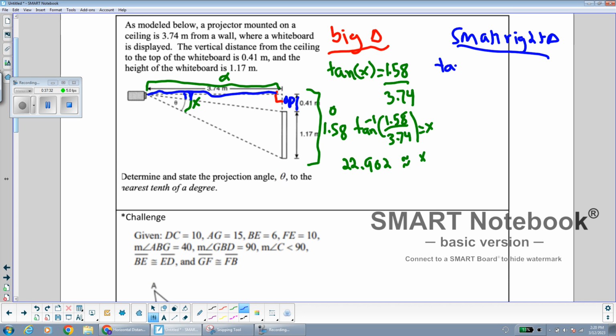So since once again we have opposite and adjacent, that's going to be tangent. So tangent, and I just called that angle y just so it has a different name than this one and we don't get confused, is equal to opposite is 0.41. That's just from that triangle. And adjacent is 3.74. Same thing. Inverse trig.